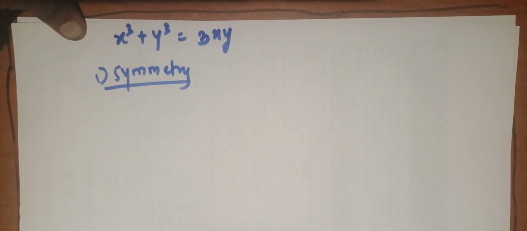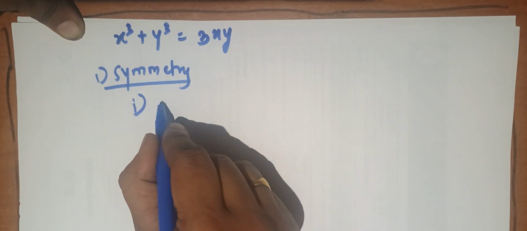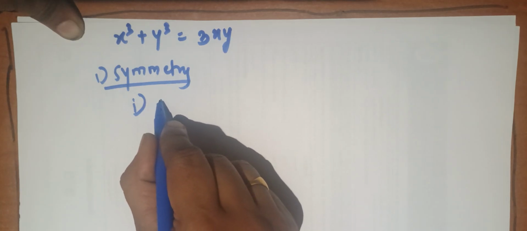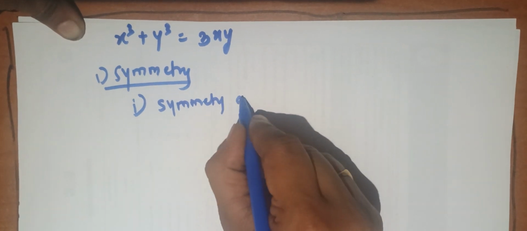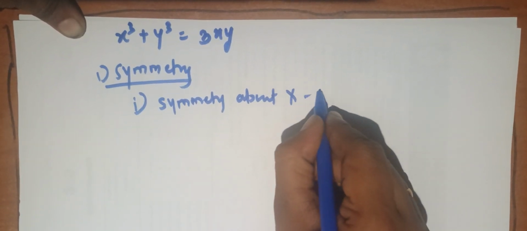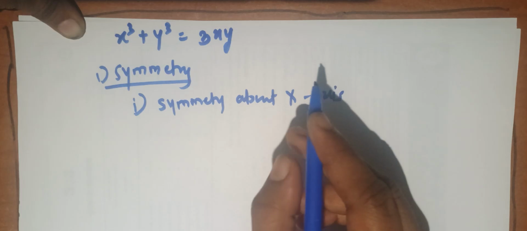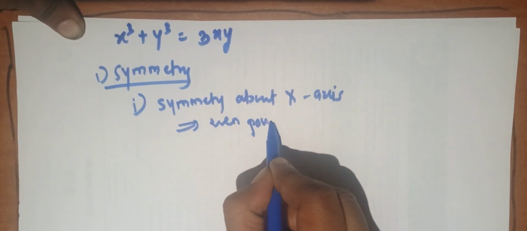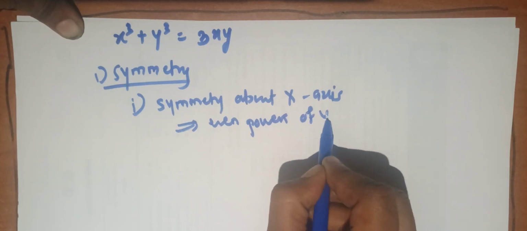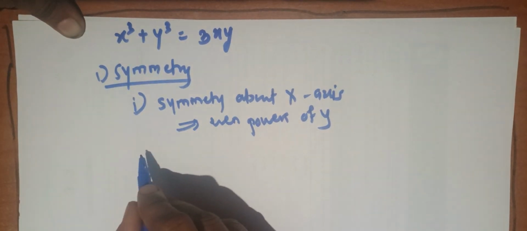What is symmetry? There are four subpoints in symmetry. When we say symmetry about x-axis, if there are even powers of y, then we can say symmetry about x-axis.